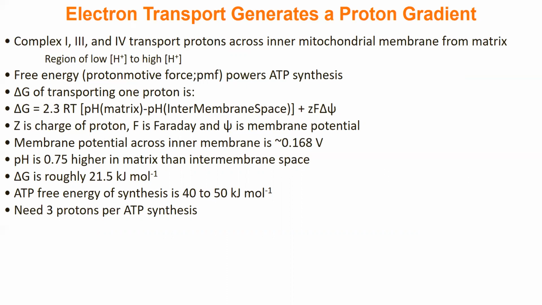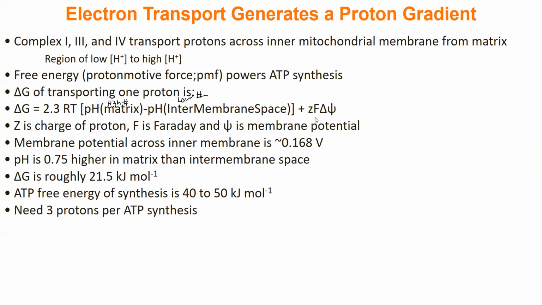Delta G of transporting a proton is 2.3 times R, the gas constant, times T, temperature, multiplied by the pH of the matrix minus the pH of the intermembrane space. If you remember, we're pumping from the matrix to the intermembrane space, so the matrix will be a high number and the intermembrane space will be a low number, because the more hydrogens you have, the lower the pH.